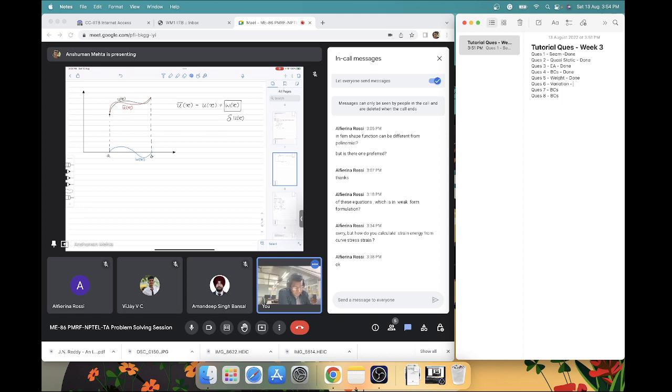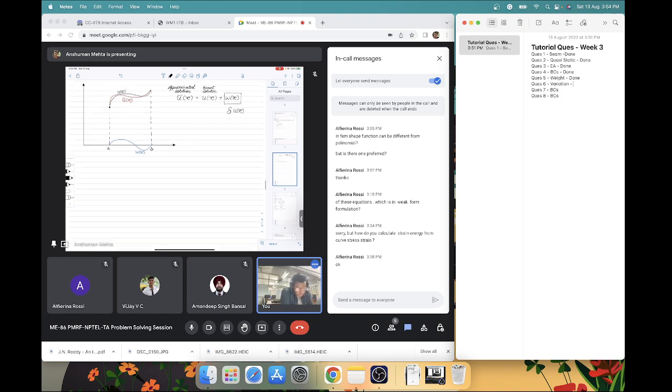So u dash of x is the approximated solution, u of x is the exact solution, and the remaining part is the weight function or variation in u.